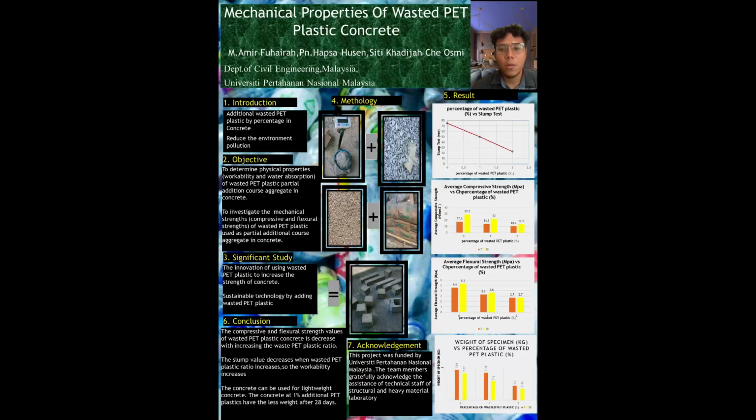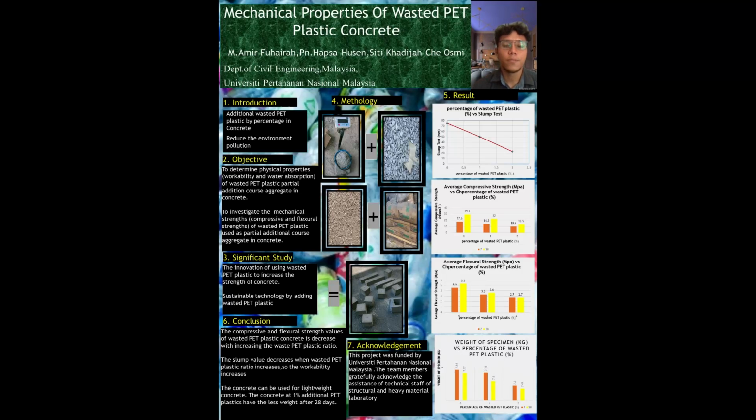For the strength of the concrete, for the compressive and flexural strength, the strength decreases when the PET plastic increases. So that is the result. Then we move to the weight of the specimen in kilograms. We can see also the weight of the specimen decreases when the samples go from 7 to 28 days.